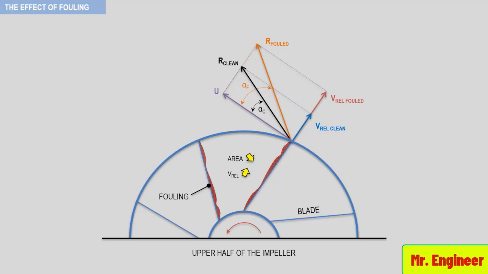Now let's get rid of the vectors U, V relative clean and V relative fouled, as we don't need them anymore for the discussion that follows, and leave only R clean and R fouled. Let's now plot on this graph the x-component or tangential velocity for these two vectors.